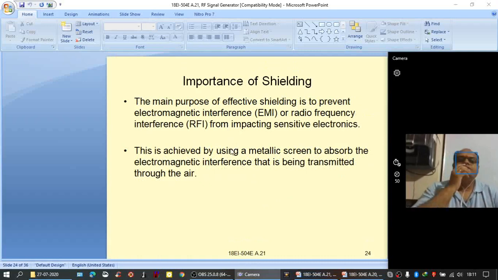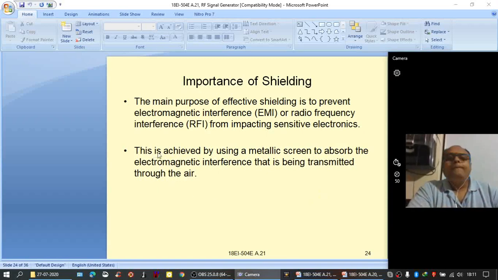The main purpose of effective shielding is to prevent electromagnetic interference or radio frequency interference from impacting sensitive electronic components. This is achieved by using a metallic screen to absorb the electromagnetic interference that is being transmitted through the air.